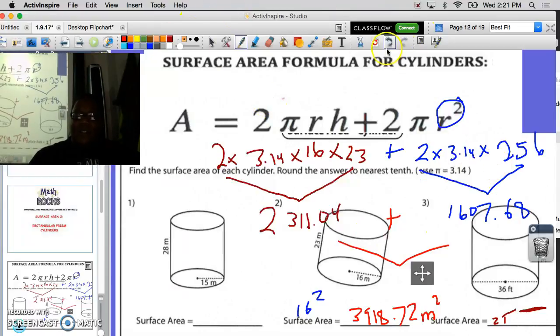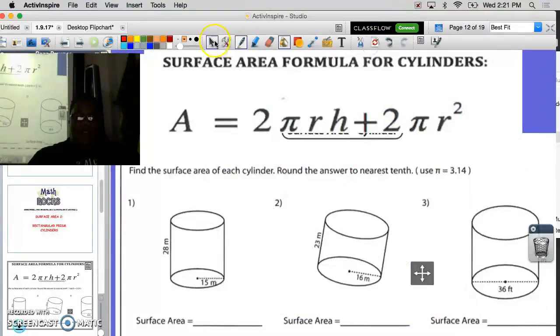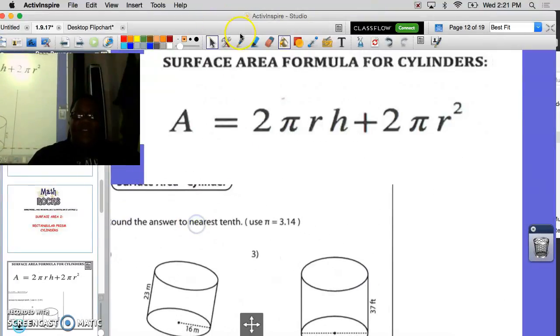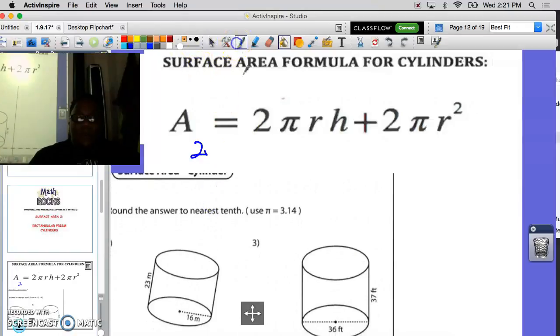So we will start back with the formula again and plug this in. I have 2 times pi 3.14 times the radius.